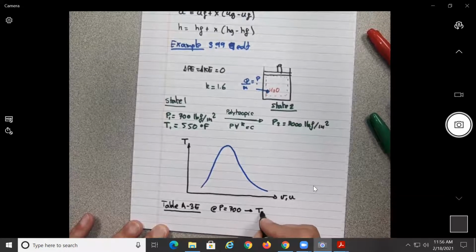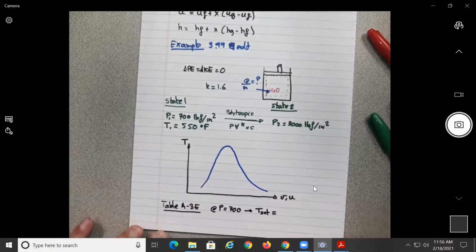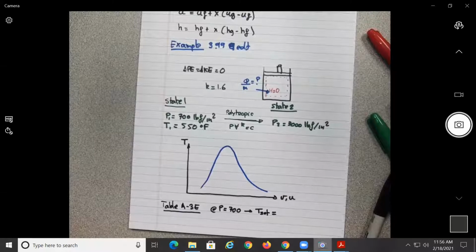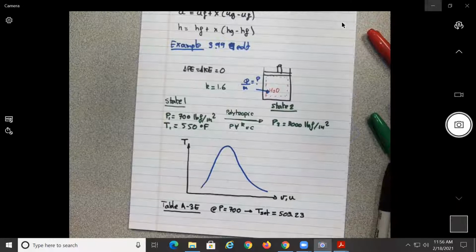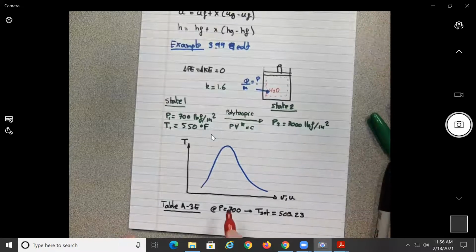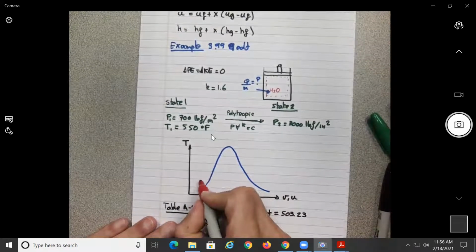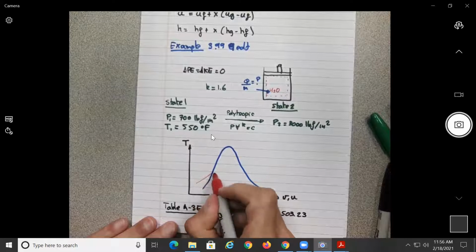We had that T saturation was equal to 503.23. Okay? So we go back to this figure. If we have the TV figure, that means that we go with lines of constant pressure.